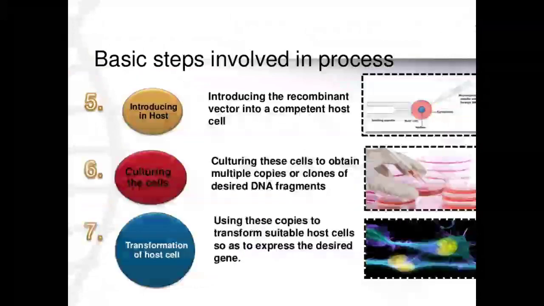Then introducing the recombinant vector into a competent host for making many copies, and introducing it into the culture media to obtain multiple copies or clones of the desirable DNA fragments. By using these copies, we transform a suitable host cell so as to express the desirable genes. These are the basic steps involved in the process of biotechnology.